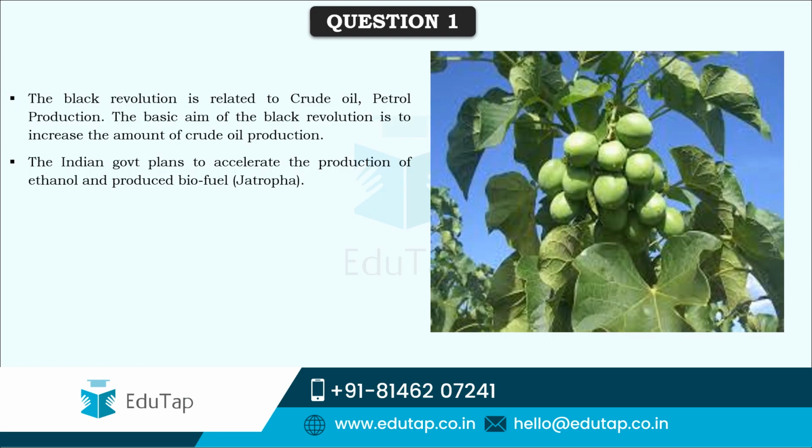It is related to crude oil, petrol production, especially production of biofuels. And the basic aim is to increase the amount of crude oil production or to produce biofuels especially.